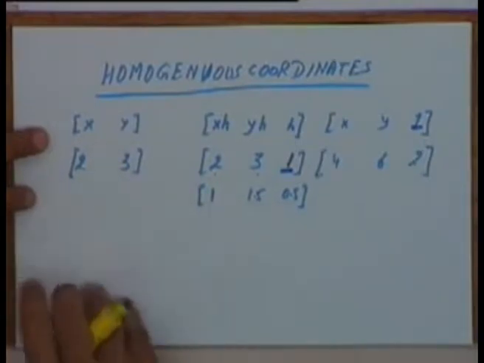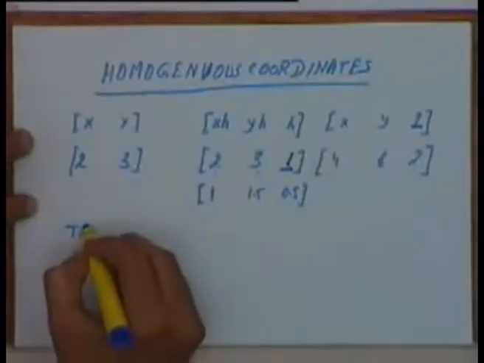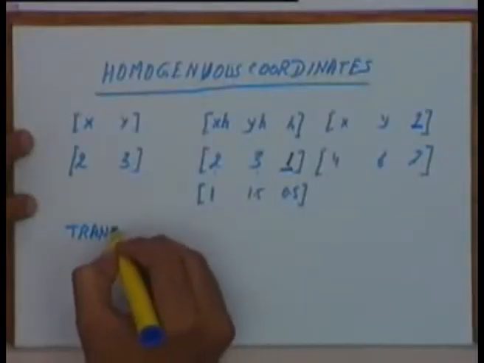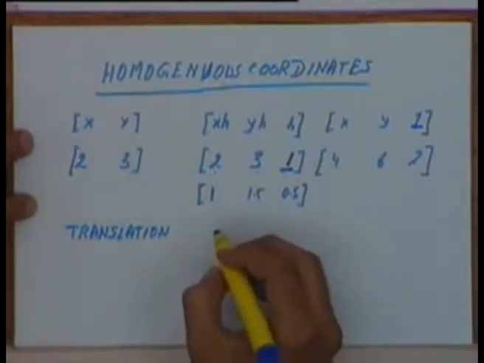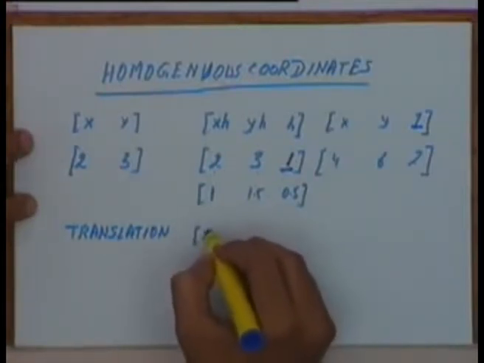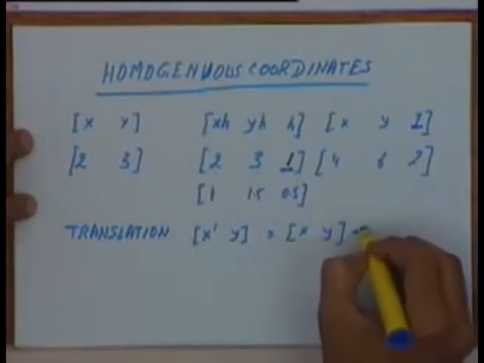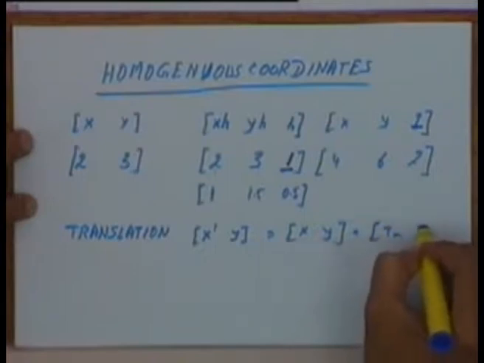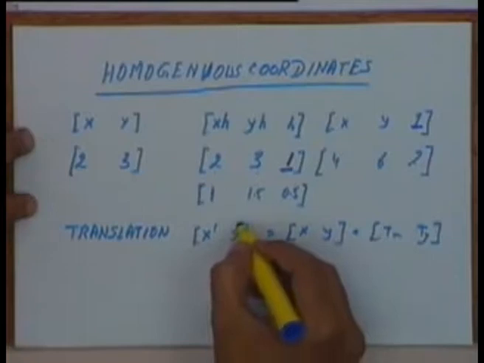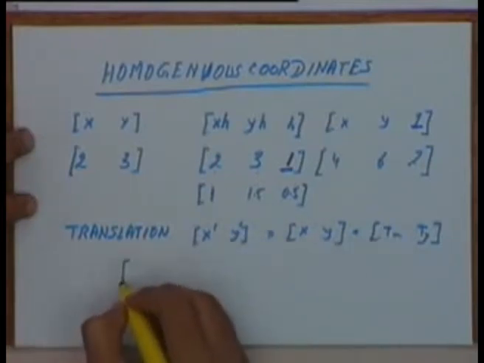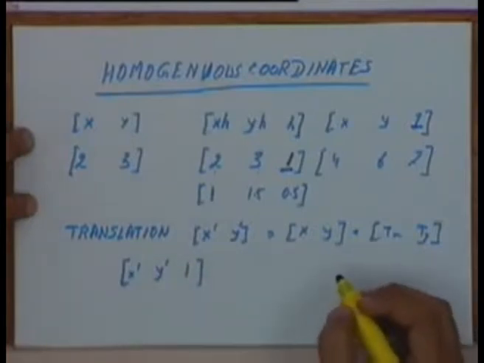The advantage is that, to start with, if we are talking of translation, earlier we had written x prime y prime is equal to xy plus tx ty. Now x prime y prime will be written as x prime y prime 1.